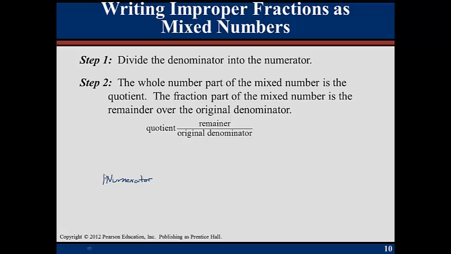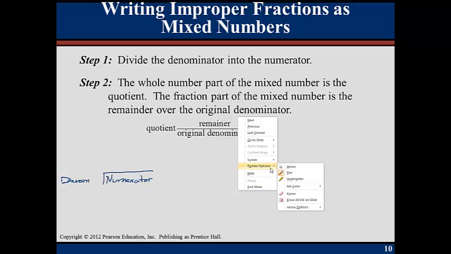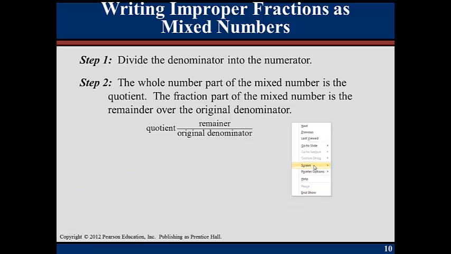So you're going to have the numerator divided by the denominator. And of course, you're going to do your long division. So this requires you to do your long division.